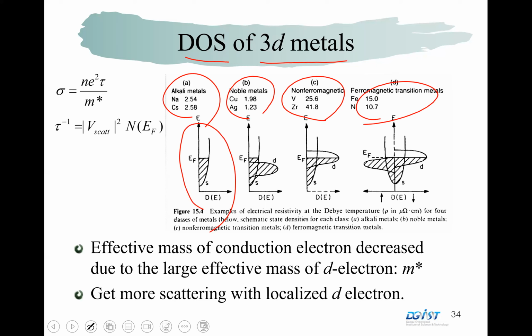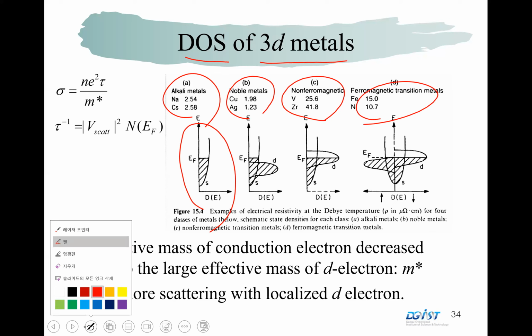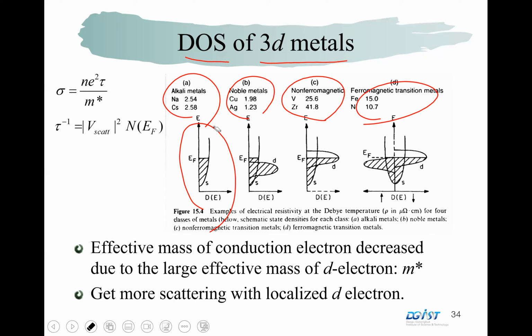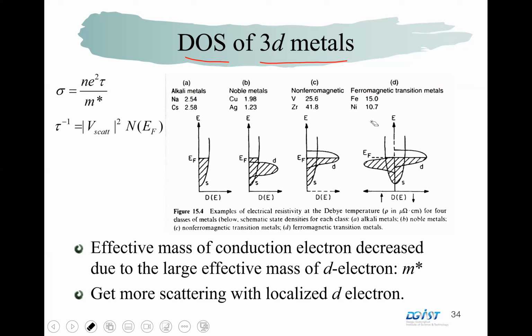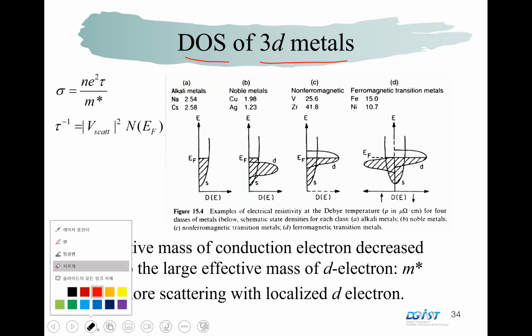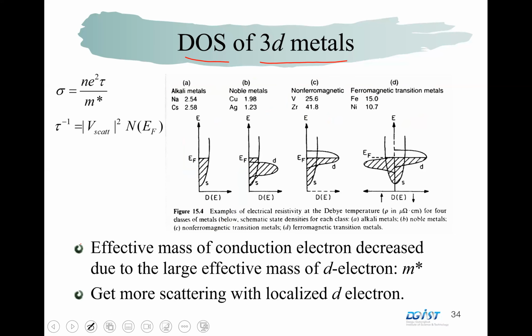Here, if you learn solid state physics or fundamental physics, the conductivity of a metal system can be represented by this simple equation called the Drude model.